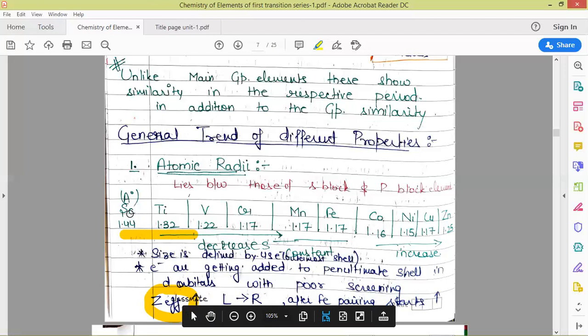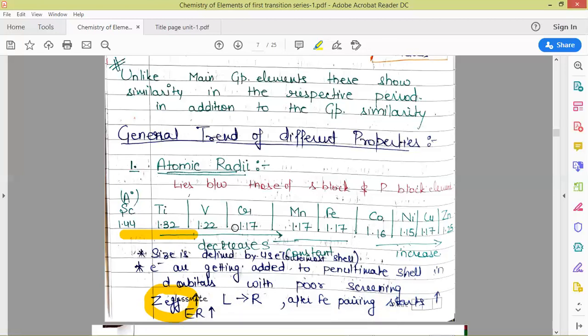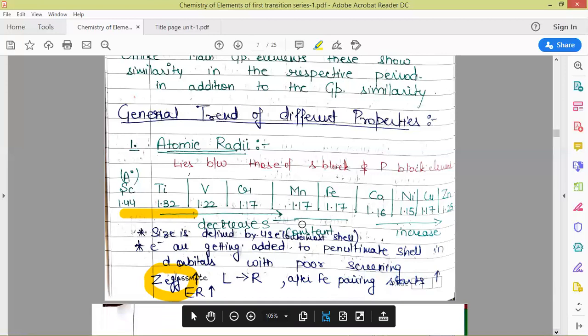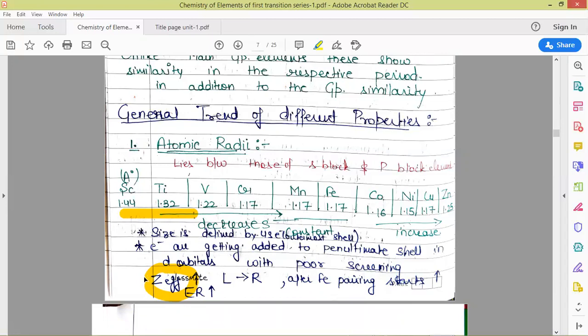So let's have a look at the trend. As we move from scandium to chromium, size is decreasing because the increase in Z effective is much more prominent and is responsible for the decrease in atomic radii.